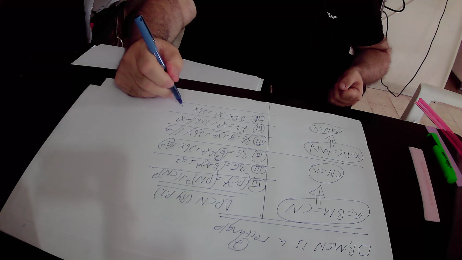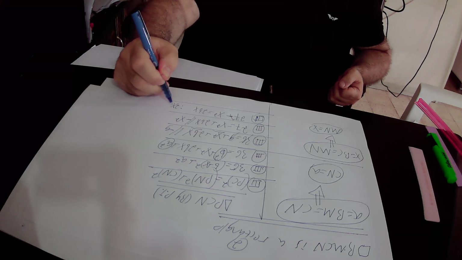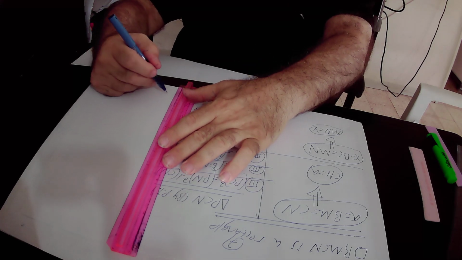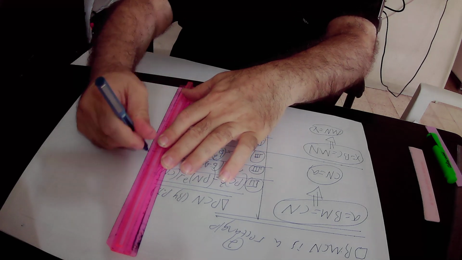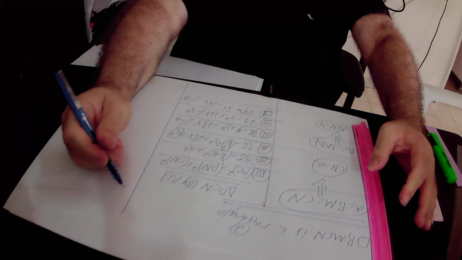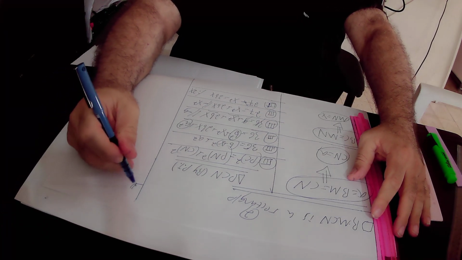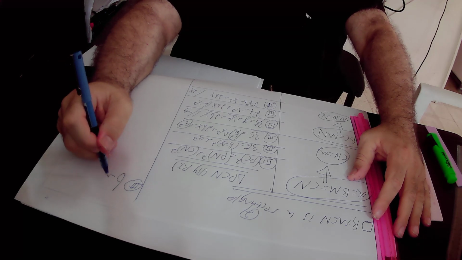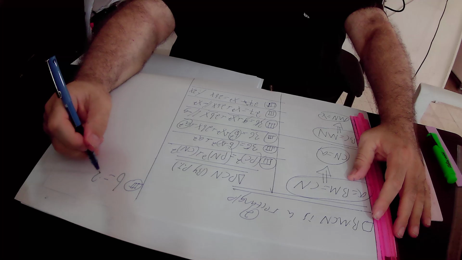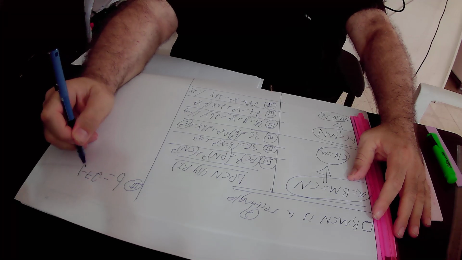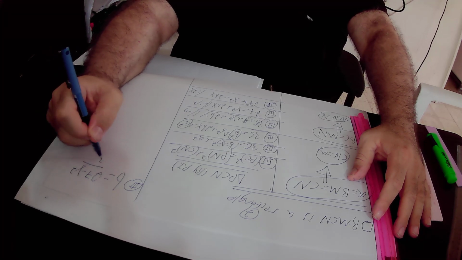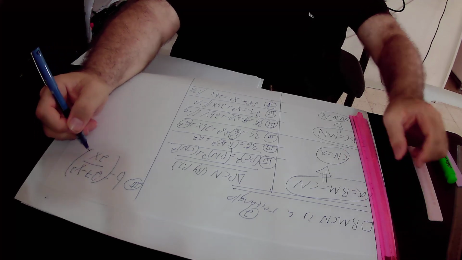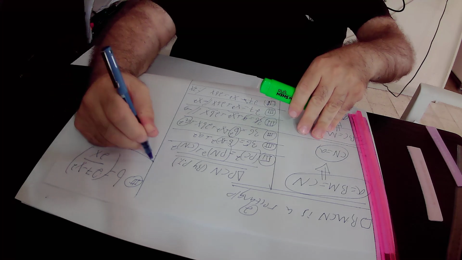Here we divide equation number 3 by 2x, and we get that b equals (27 minus x squared) over 2x. So we have the values of a and b in terms of x.